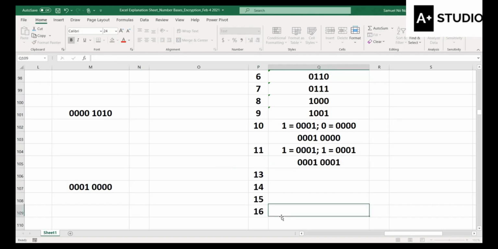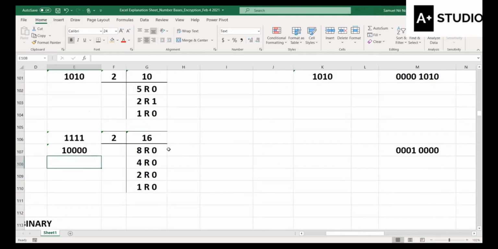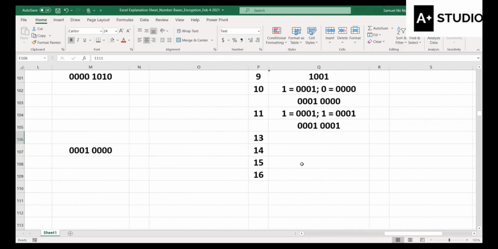Okay, so we did 15. When we did 15, we got 1, 1, 1, 1. That is base 2. How will you represent 15 in BCD?